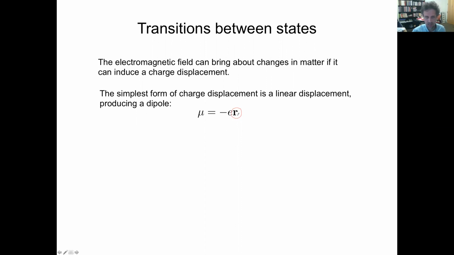So what we're looking at here is the movement enabled by the presence of the photon that has moved the charge a little bit away from its equilibrium position. And that created a dipole, an induced dipole, a dipole induced by the presence of light. Now remember, I'm only talking here about e, and that is because I'm only considering the electron charge. I'm not considering what the light is doing to the proton.